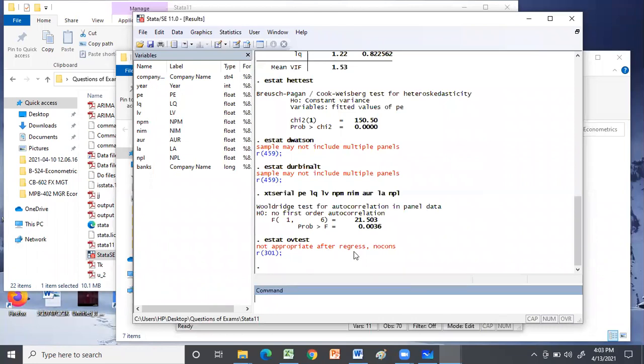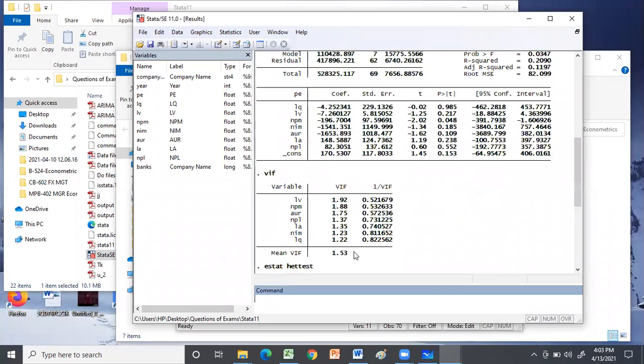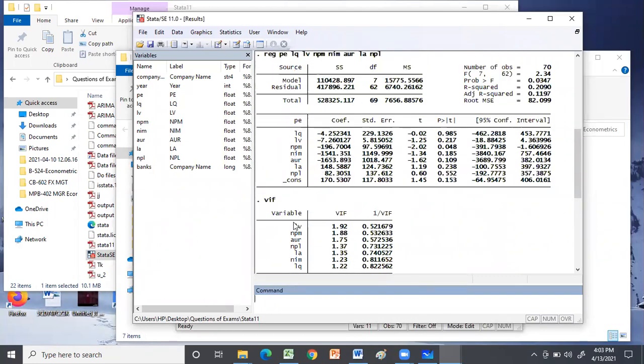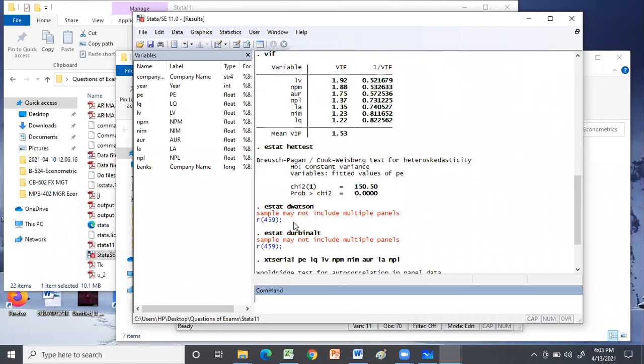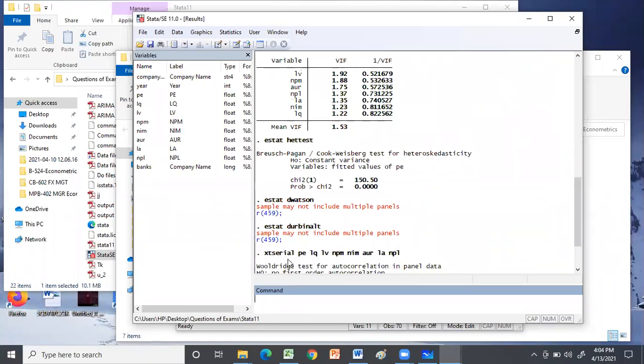You cannot use it here. So in panel data you can only calculate the VIF for multicollinearity test, the heteroscedasticity test using the BP test, and you can also detect the autocorrelation problem in your regression model using the command xtserial, dependent variable, and all other independent variables. Now, our conclusion is this model suffers from two problems: heteroscedastic error variance and autocorrelation.